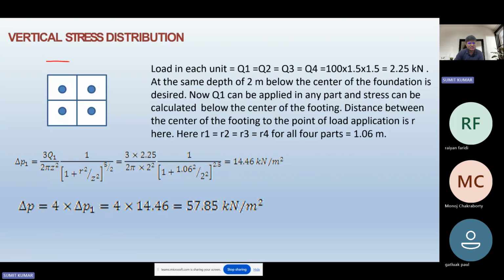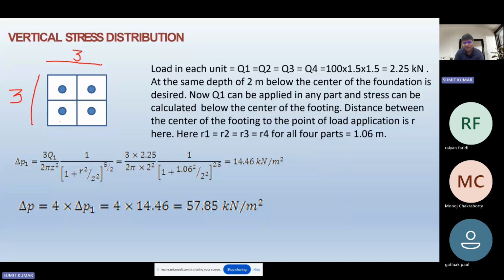You remember this is the 3 meter, and this is also 3 meter. If you recall the previous problem, it is 3 meter into 3 meter. We have divided it into four cross sections, so it gets converted into 1.5 into 1.5, 1.5 into 1.5, 1.5 into 1.5.